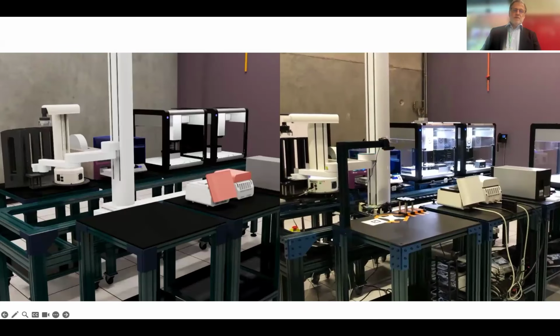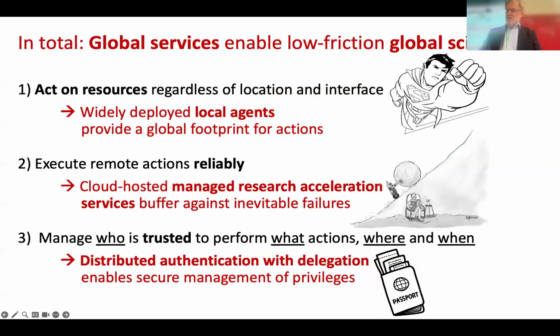Okay, let's go on. To summarize what I've been saying, my interest, as I said at the beginning, is reducing the barriers to global science, and of course doing that is a huge problem.